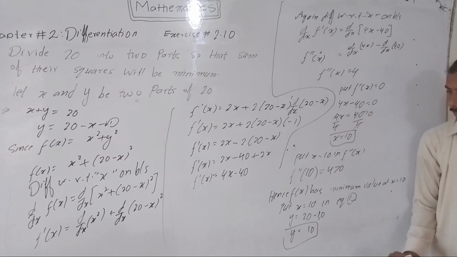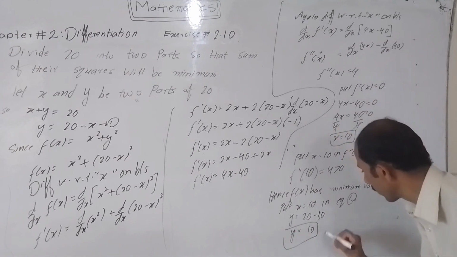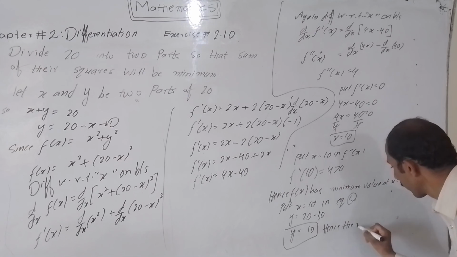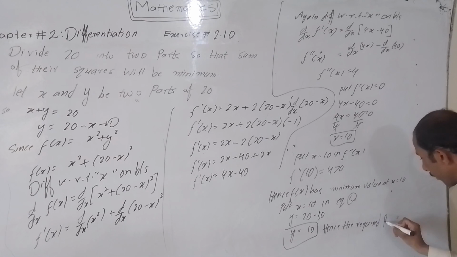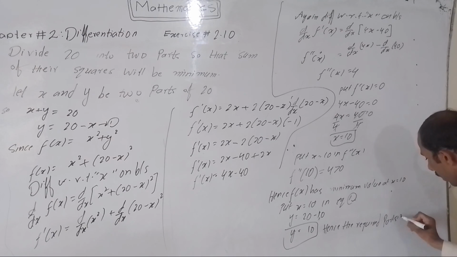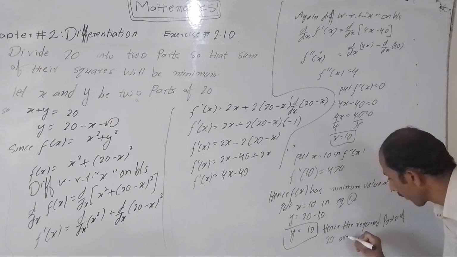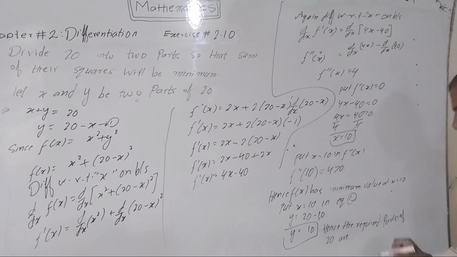Hence the required parts of 20 are 10 and 10.